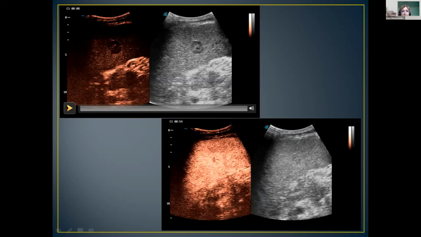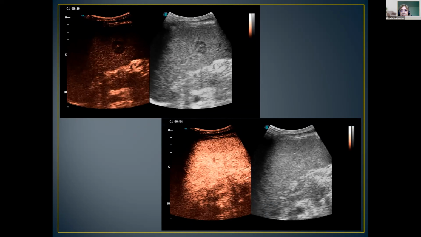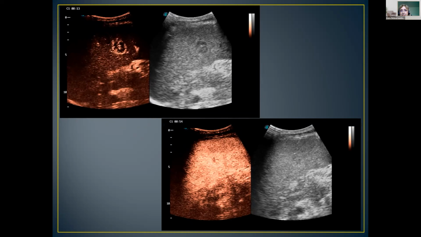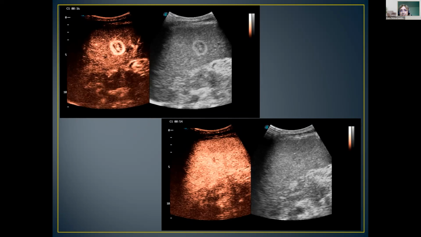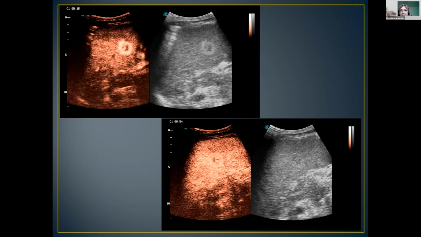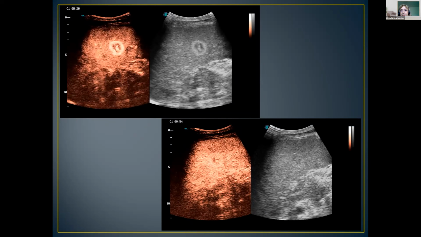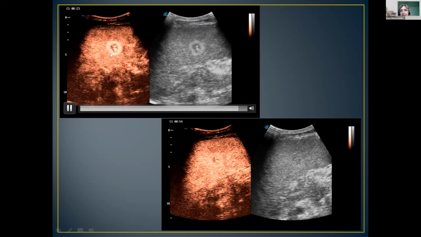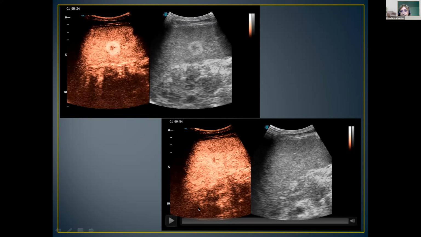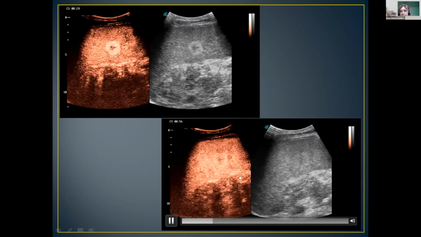We perform CEUS. As you can see, intense arterial hyperenhancement, no washout in the venous phases.